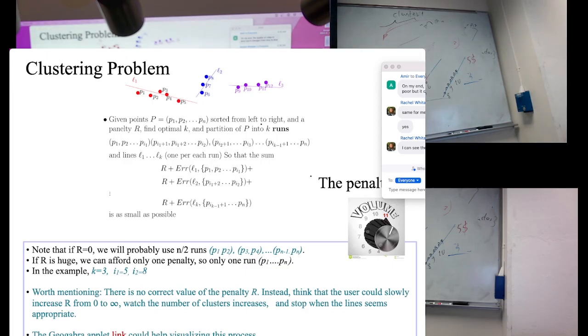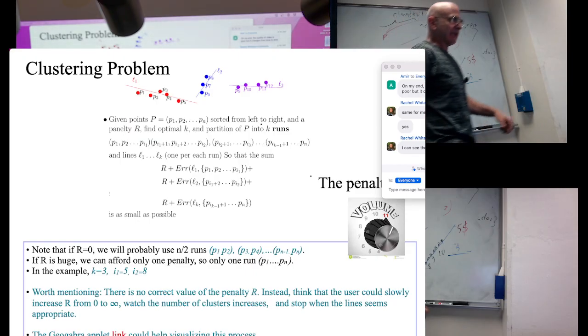So we assume that the user gave us a specific R, and we need to say, I want to have 3 runs. The first one always starts at P1. I want the second one to start at P4, and I want the third one to start at P8. That's a good partition that the algorithm should spit out.